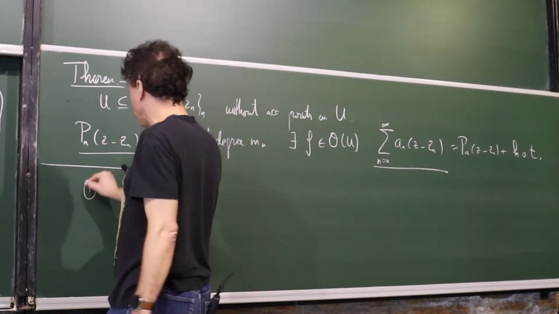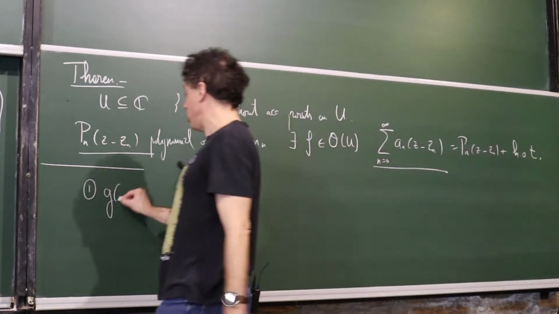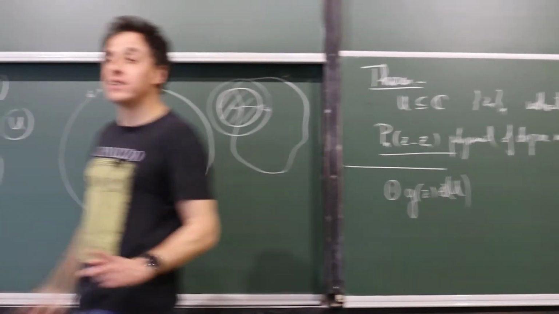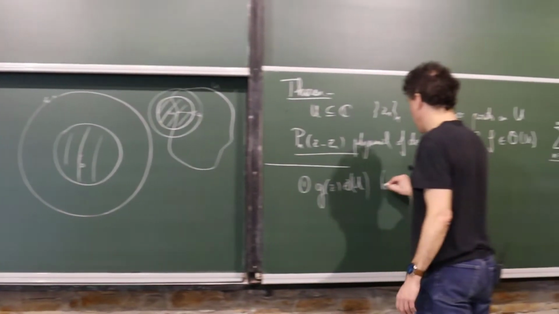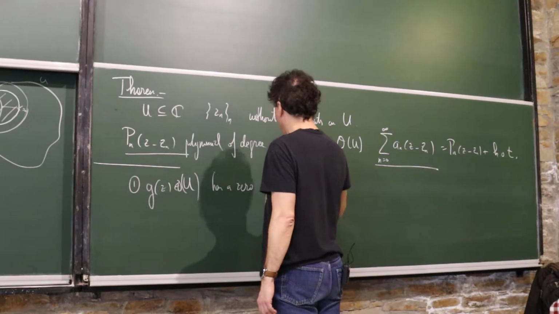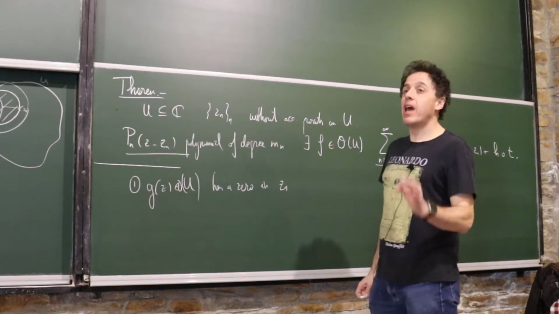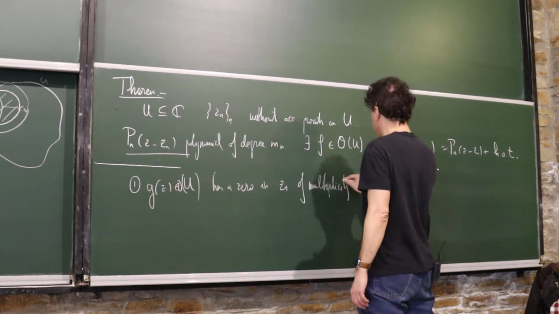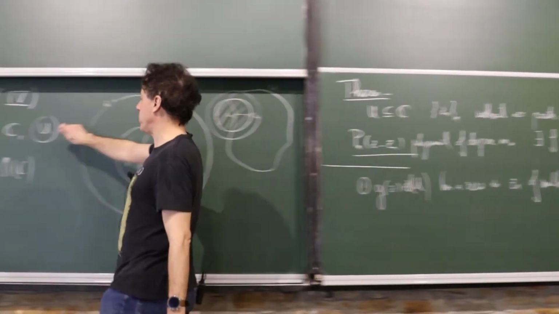Well, first of all, take a function g, a holomorphic function on U, using Weierstrass theorem such that in each of the points Zn it has a zero of multiplicity at least mn plus 1. This can be constructed using Weierstrass theorem.